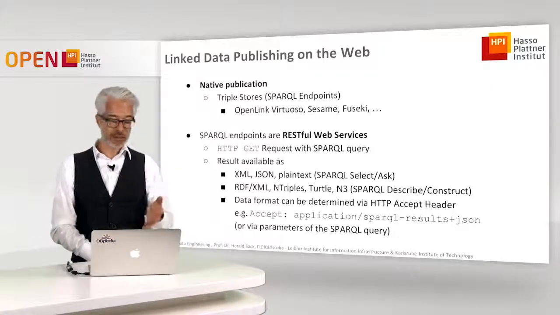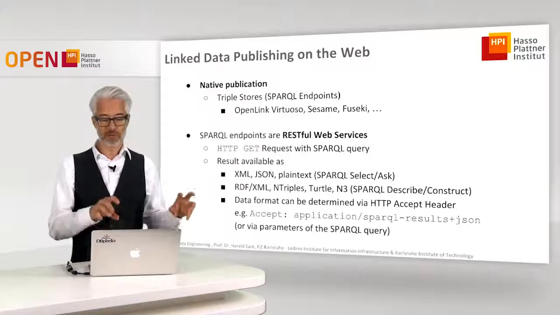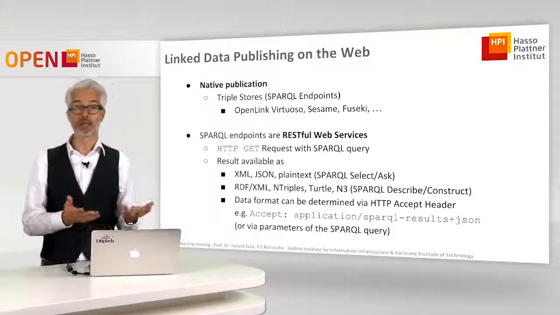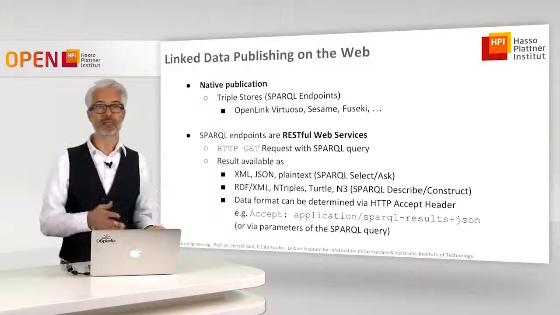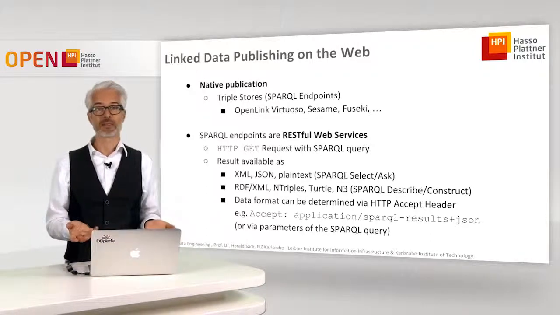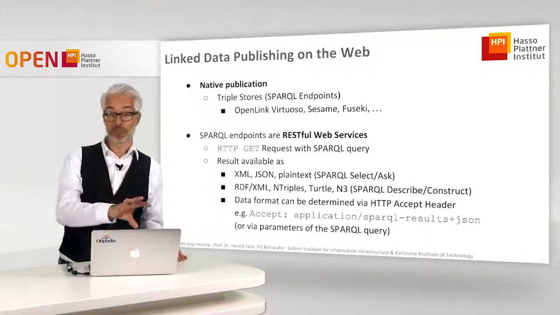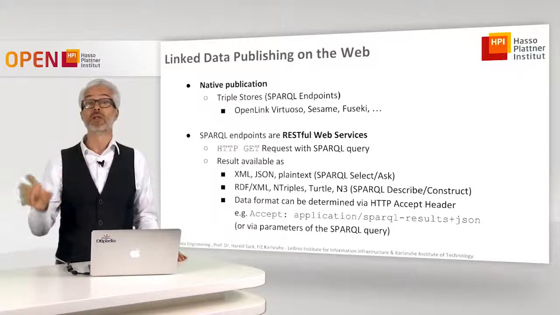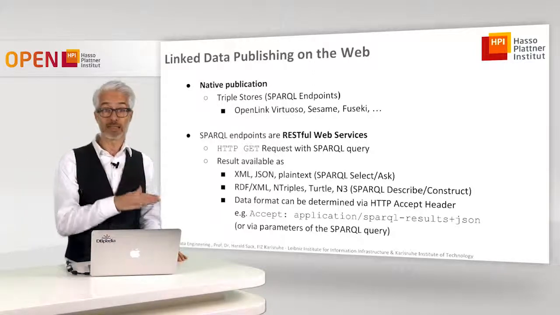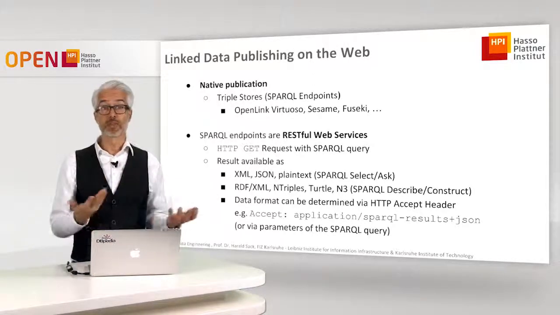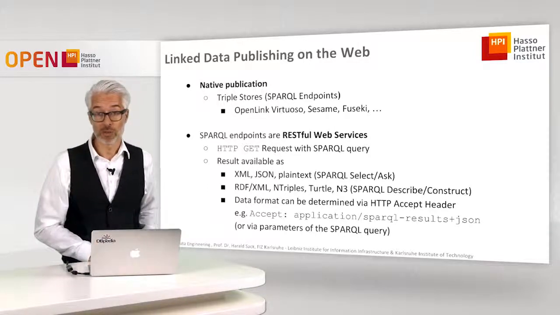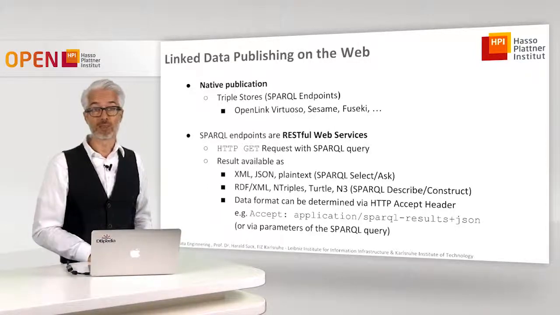And the result, of course, can be in different formats. So, for example, if you have a SPARQL select or a SPARQL ask query, then the result might be XML, JSON, or plain text. If you have a SPARQL describe or SPARQL construct, the result will be native RDF, which means RDF/XML, N-Triples, Turtle, N3, or any other format that is available on that SPARQL endpoint.